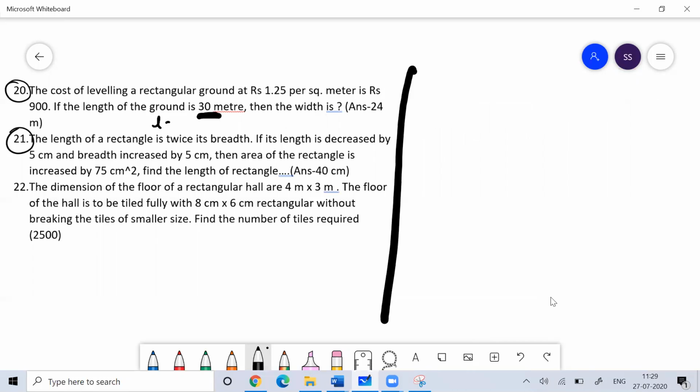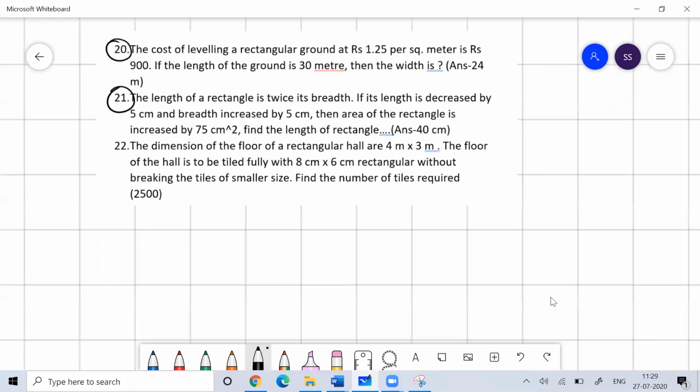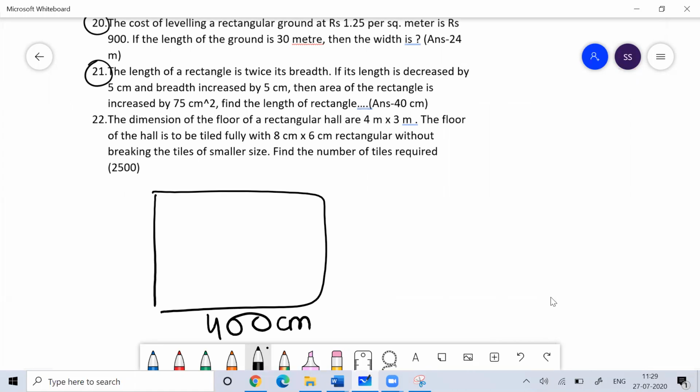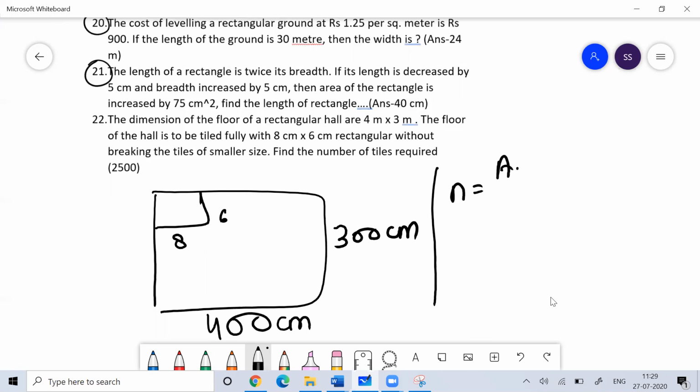So I can take it in centimeter, this is 400 centimeter, this is 300 centimeter. So this would be the dimension of the room, and then I'm putting tiles of 8 and 6. The number of tiles would be the area of the floor of the hall divided by the area of a tile.